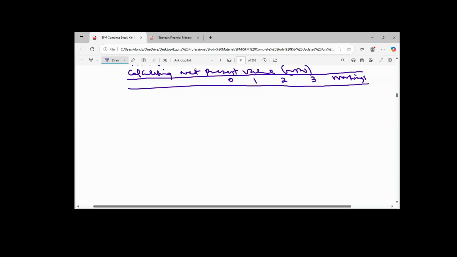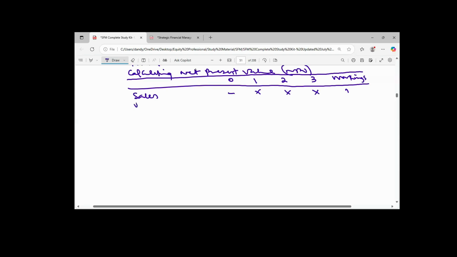Okay, so in the question you are given sales value, you are given selling price, then you need to go and calculate your sales. How do you get your sales? You go to the question, you pick the selling price. If you are given an inflation rate, then you inflate the selling price, you multiply with the number of units sold, then you need to come and post. Working number 1.